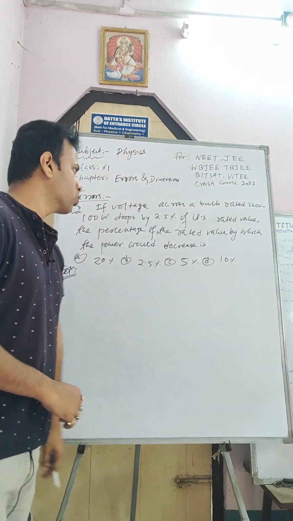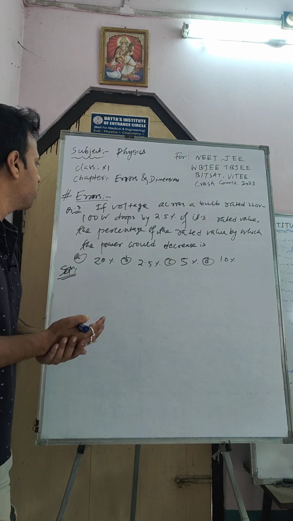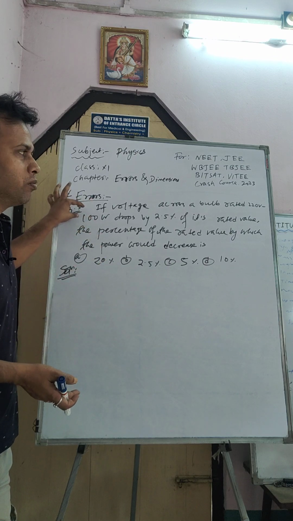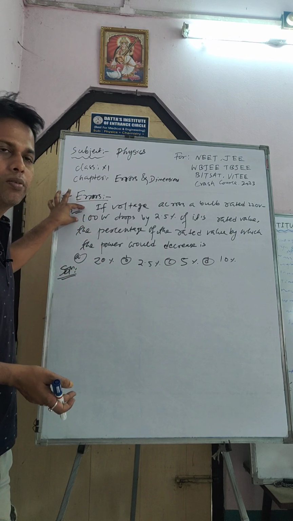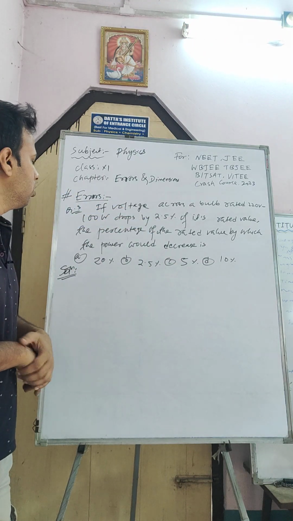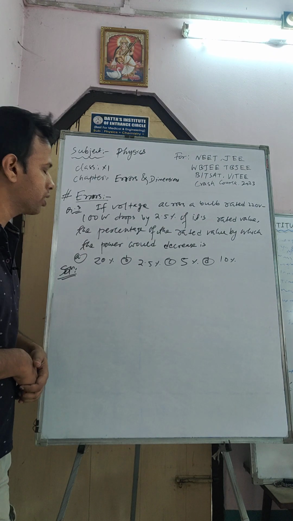So our next question is question number 3. If the voltage across a bulb rated 220 volt, 100 watt, this is the power rating and voltage rating of a bulb, drops by 2.5% of its rated value, the percentage of the rated value by which the power would be decreased.